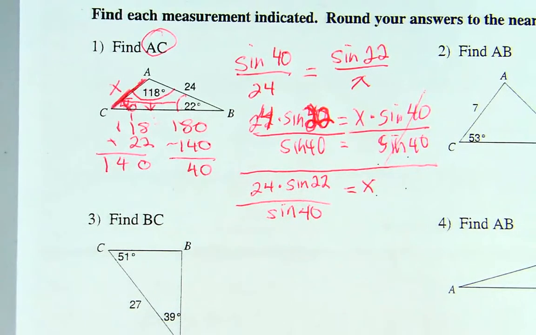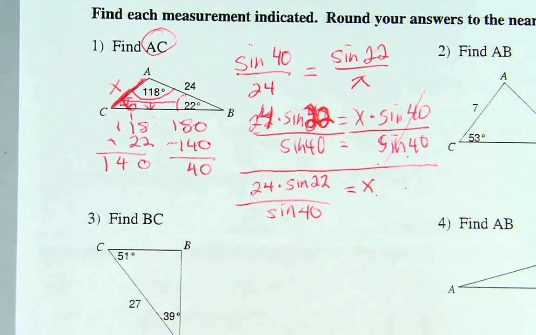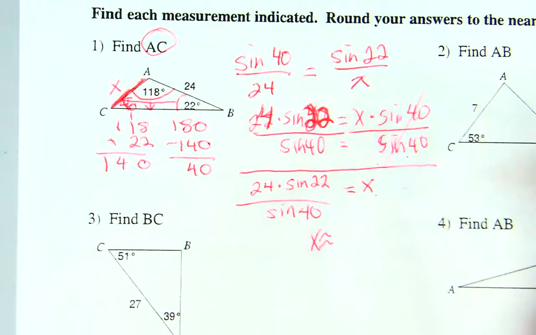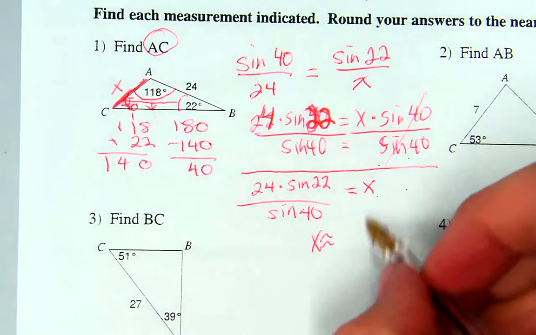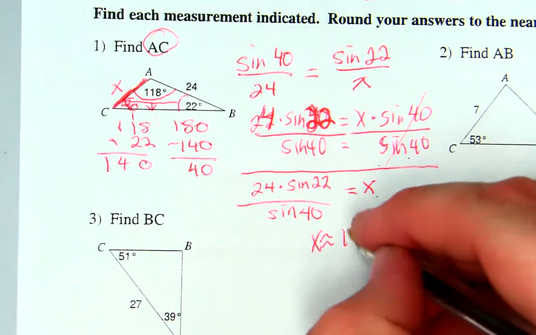So we're going to put that into our calculator. I don't have my calculator with me, but we'll get 24 times the sine of 22 divided by the sine of 40. And you get X. Since we're going to the nearest tenth, X is 13.99.